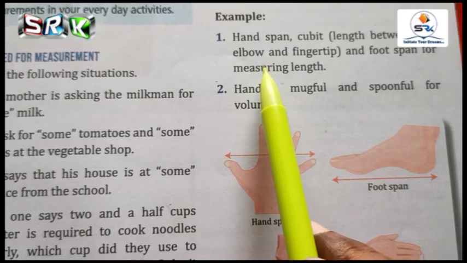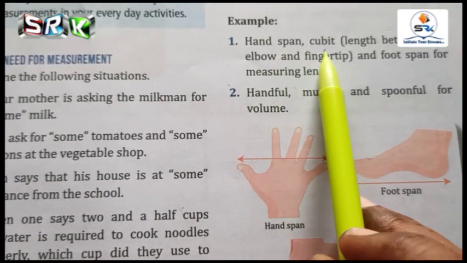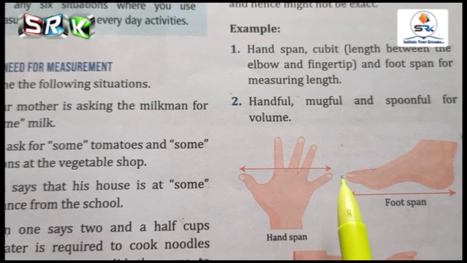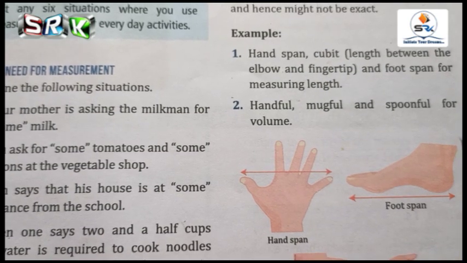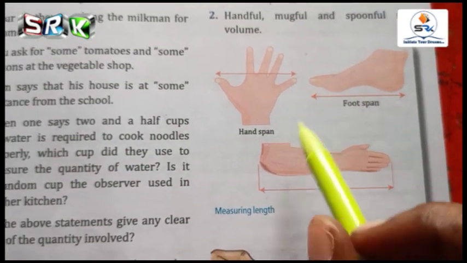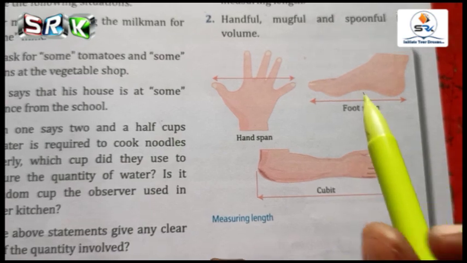Handspan and cubit are given here. Cubit is the length between the elbow and the fingertip.